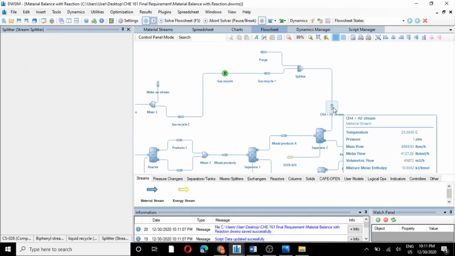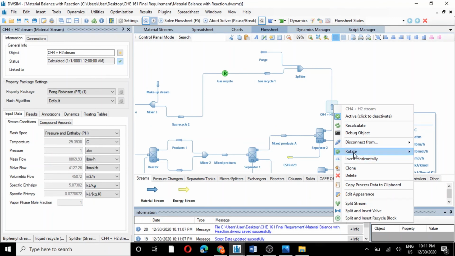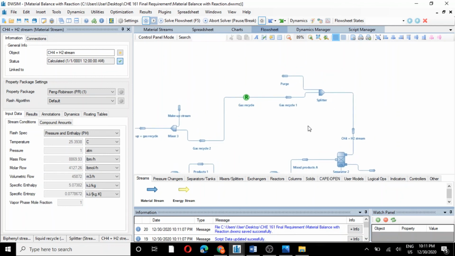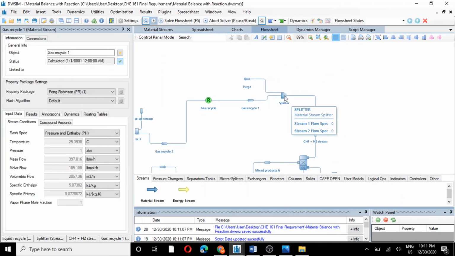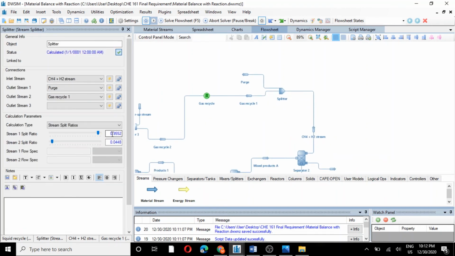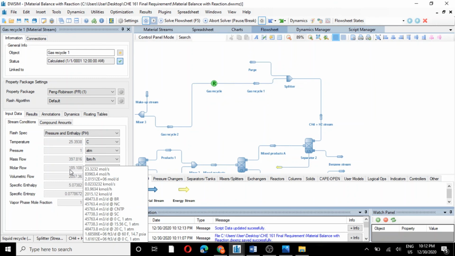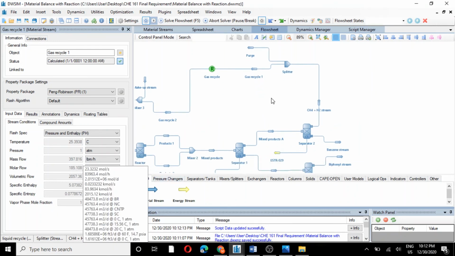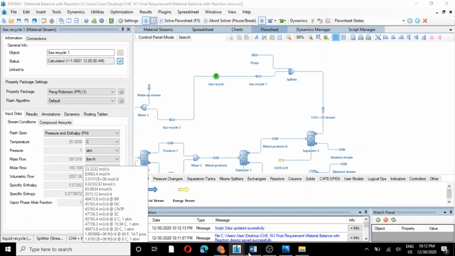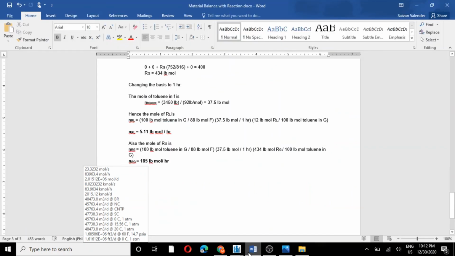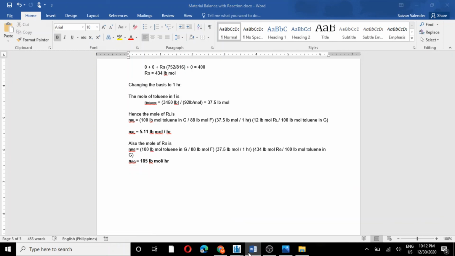To do this so that the arrow points upward, you just have to rotate this either 90, 180, or 270, and also arrange. For the gas recycle, to get 180 pound-mole per hour, we just adjust the split ratio to 0.9552 for stream 1, the purge, and 0.0448 for stream 2, and that way we can attain 185 pound-mole per hour, which is close to our manual process solution of 185 pound-mole per hour.